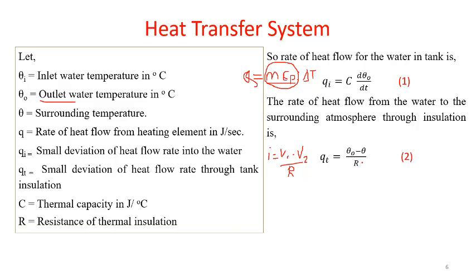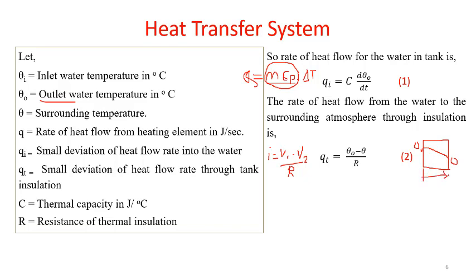Similarly, if we are going to increase the thickness of the insulation, what will happen? There will be a drop in temperature from θ0 to θ, and this will be the resistance.